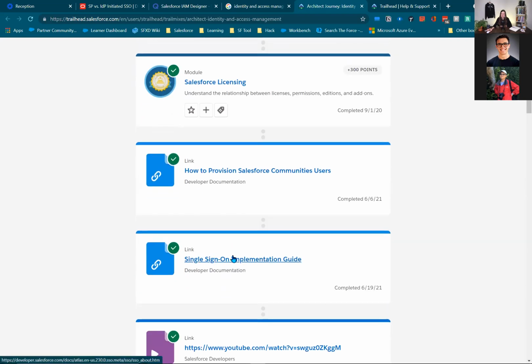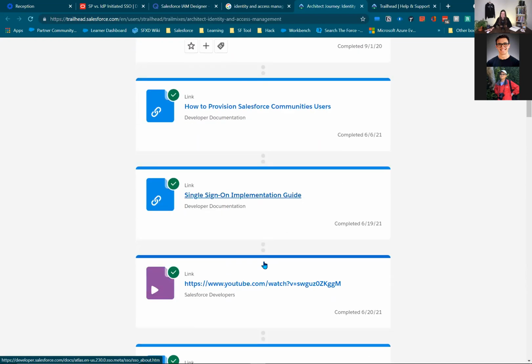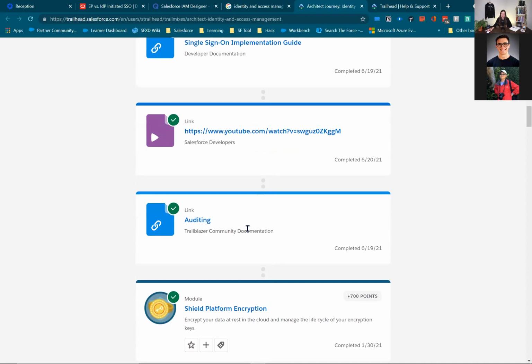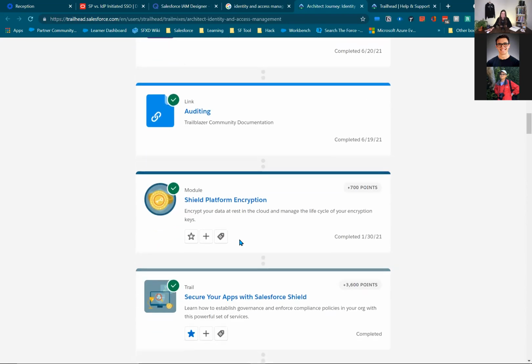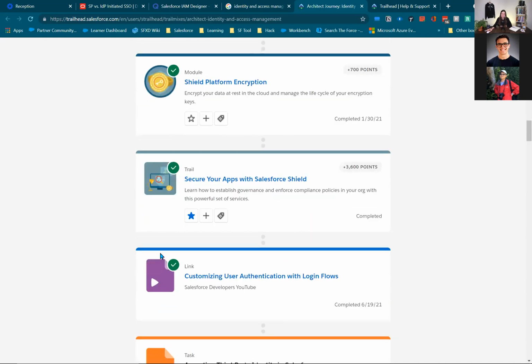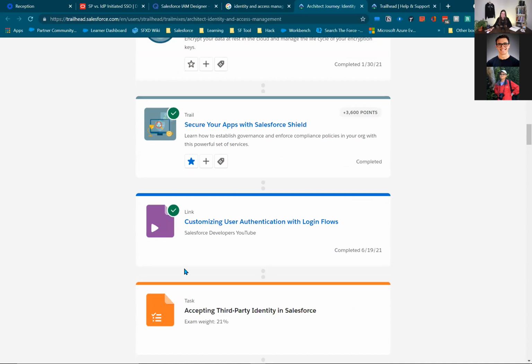Some are implementation guides, which are really long documentation. And some are blog articles from Salesforce official blogs. So this is the material you need to go through.